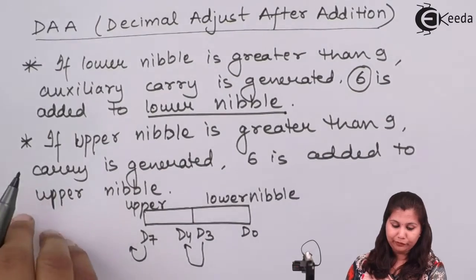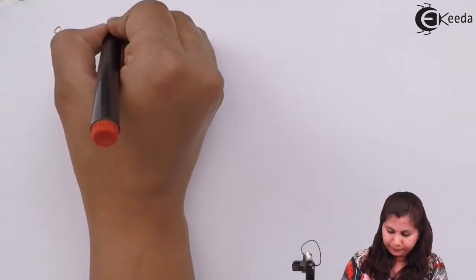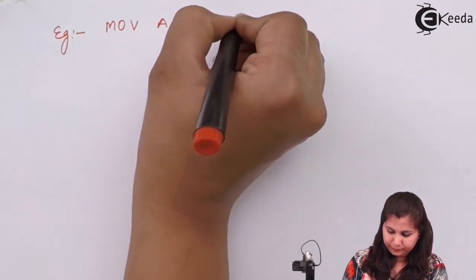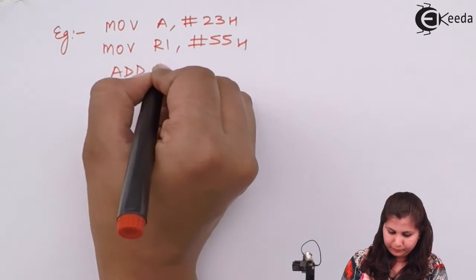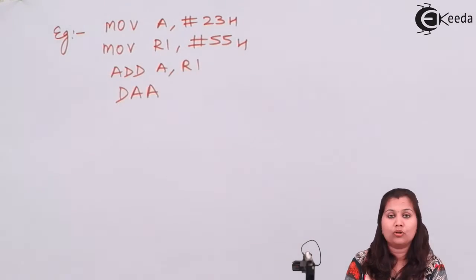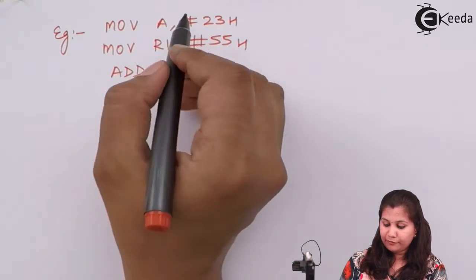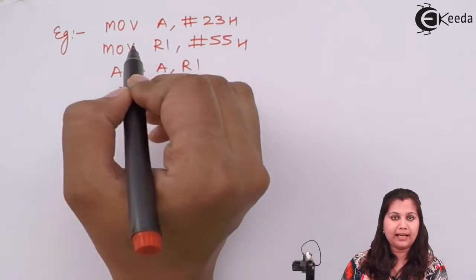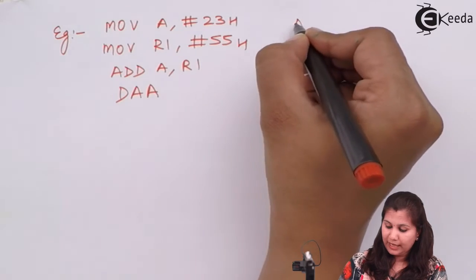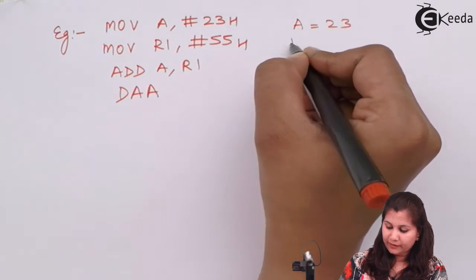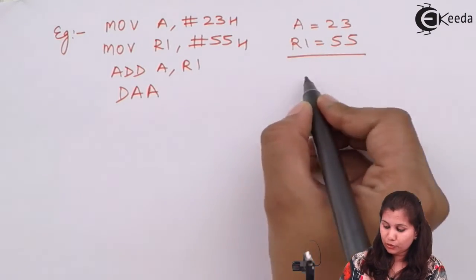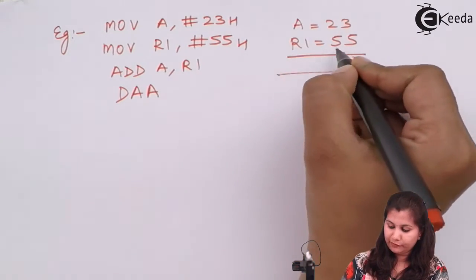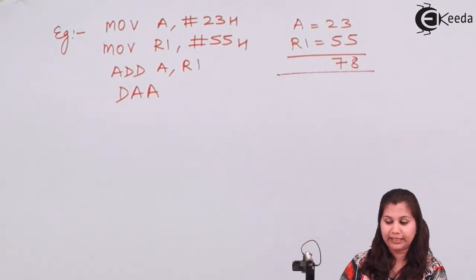Let's take an example for it. Here we have moved two numbers into A and register R1. A will have 23 and R1 will have 55. These two numbers will be added, so we will get 78.